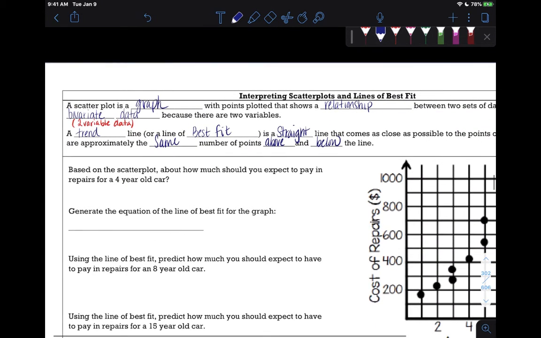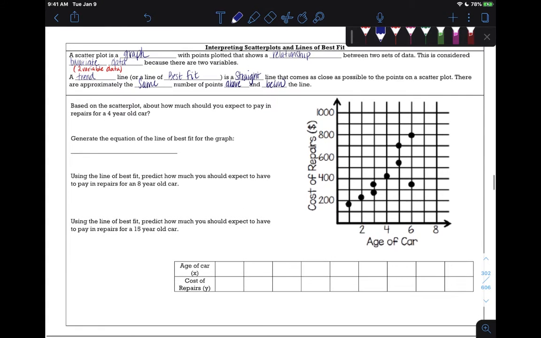Okay, let's look at an example here. And again, I am going to be showing you how to do this in the calculator. So here we have age of car, cost of repairs. We got lots of information over here, range, domain.